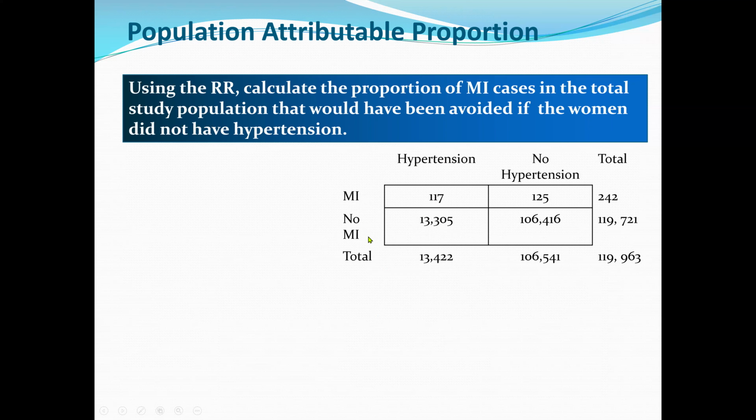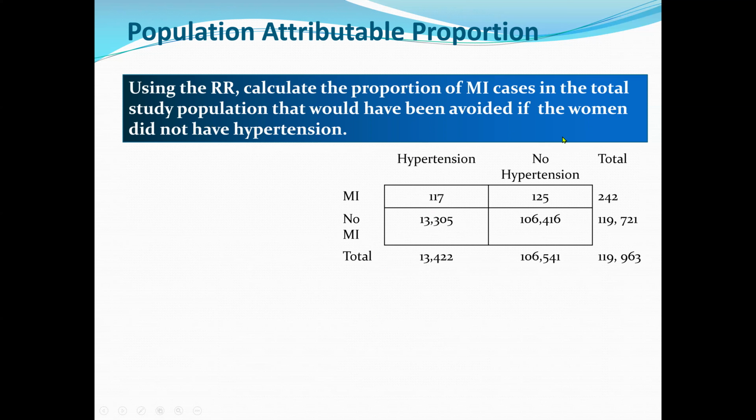Hypertension is our risk factor here, so these women are exposed. 13,305 don't have the disease and 117 have it.